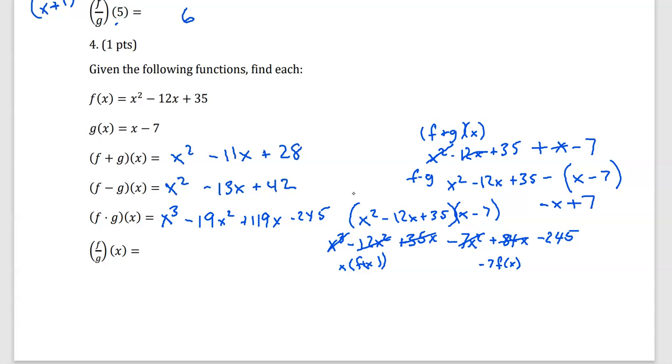Now, this one, I'm going to simplify because I think factoring here might help me. And let's just try that. Factoring this, I can see that that is x minus 7 times x minus 5.